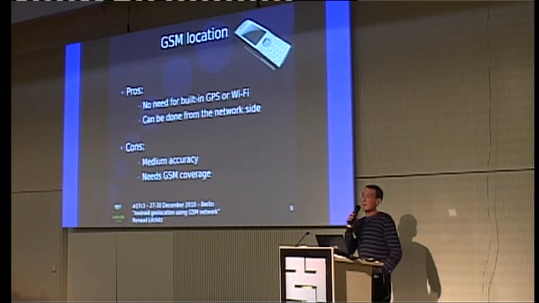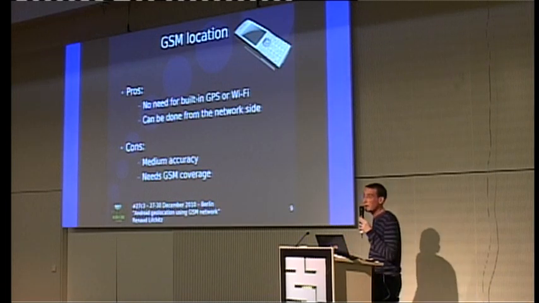The disadvantage is that you have a very low accuracy. GSM cells can extend to nearly, I think, 30 kilometers. So in big cities, there is no problem because there are lots of BTS, that is to say GSM access points.